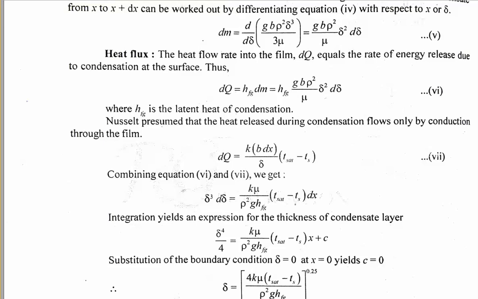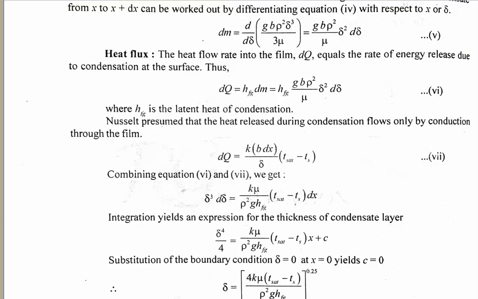We will get del raised to power 4 by 4 is equal to k mu by rho square g h into T saturation minus Ts into x plus c.